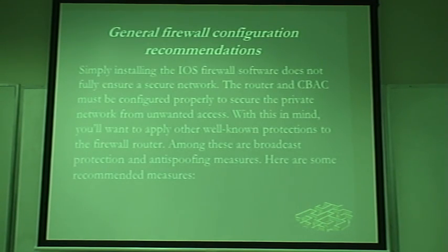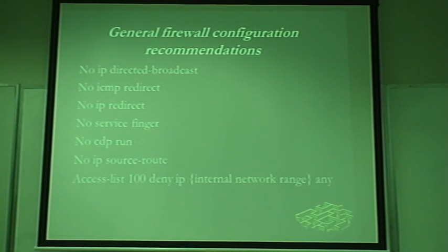Okay? Simply installing the IOS firewall software does not fully ensure a secure network. The router and CBAC must be configured properly to secure the private network from unwanted access. And with this in mind, you will want to apply other well-known protections to the firewall. Among these are broadcast protections, anti-spoofing measures, and here's just a couple of examples. Okay?